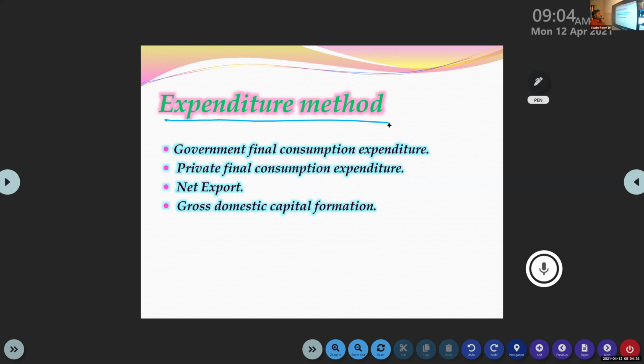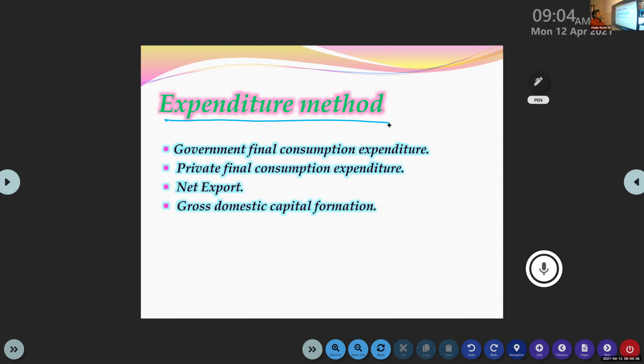So my question is, is the government spending or purchasing anything from private individuals? The Indian government is purchasing something from the private individuals within the country.